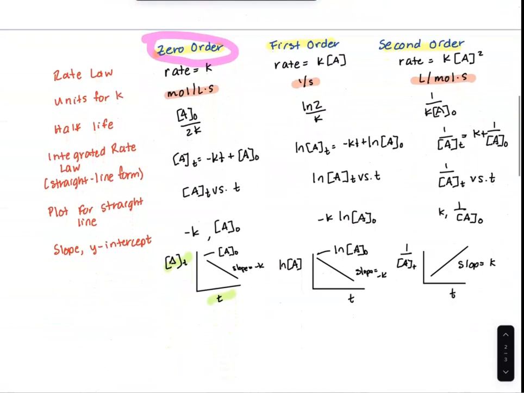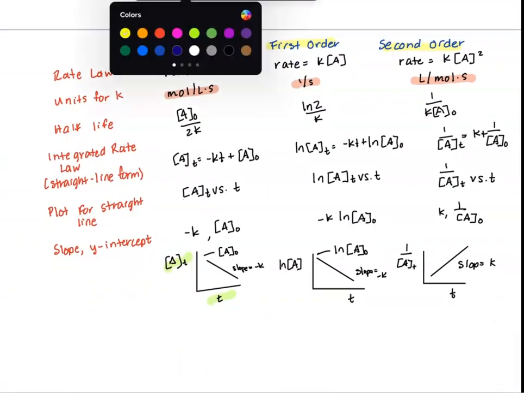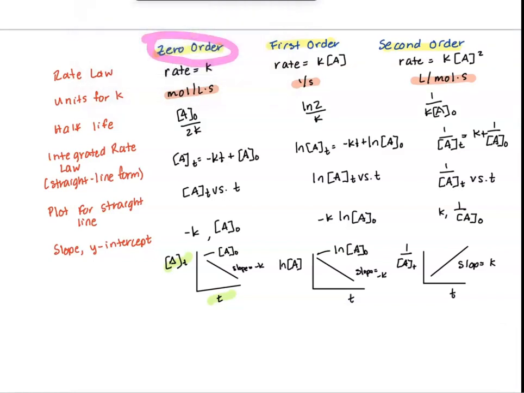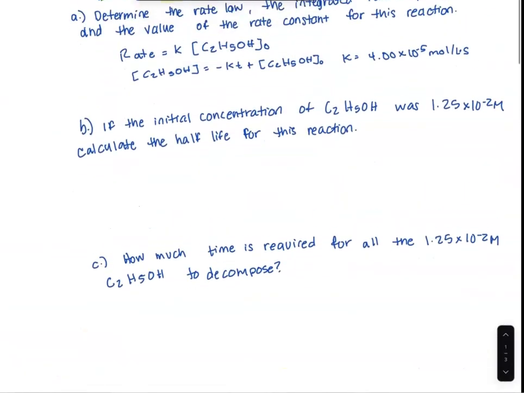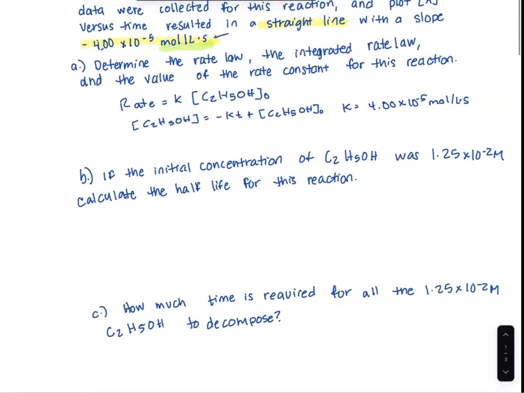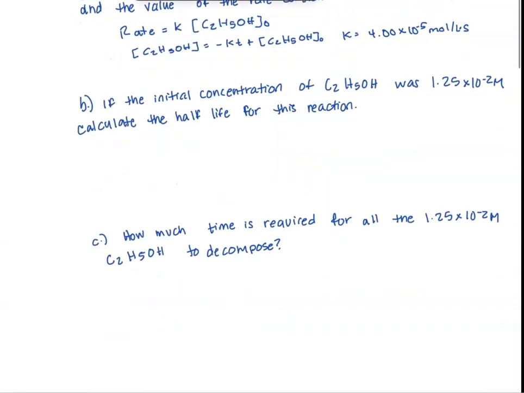If we refer here, we can look for our half-life, and we know that it's a zero order. So half-life equals concentration over 2K, as written here. All that we're going to do is plug in that formula to solve for the answer.